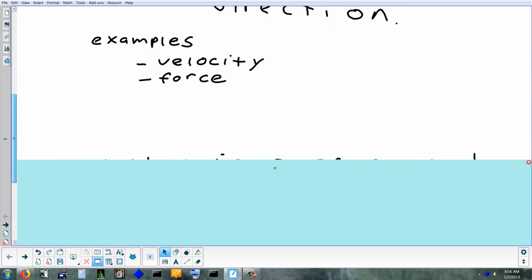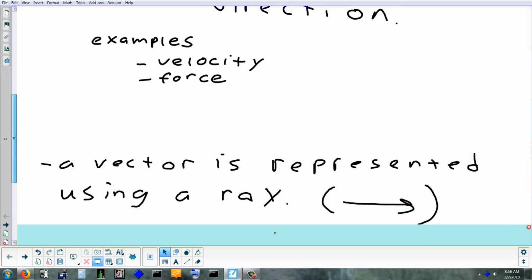So when we represent vectors, at first we're going to represent it as an arrow. An arrow is a pretty natural way to represent a vector because an arrow automatically has a direction to it. Now, how do you think I would use an arrow to represent magnitude?